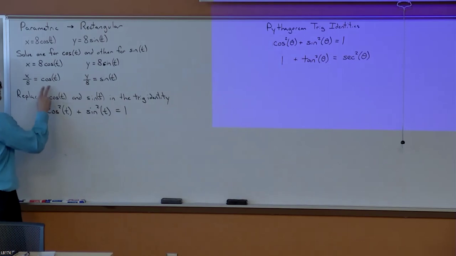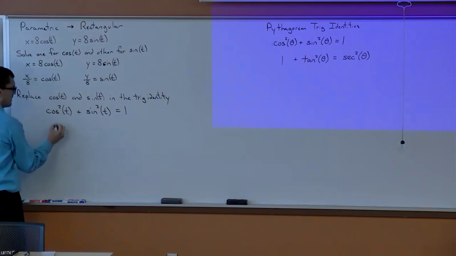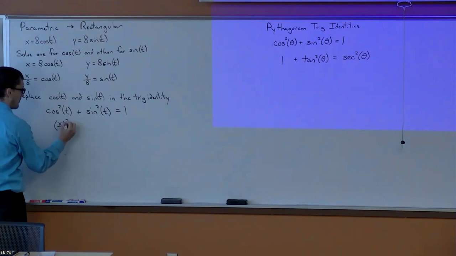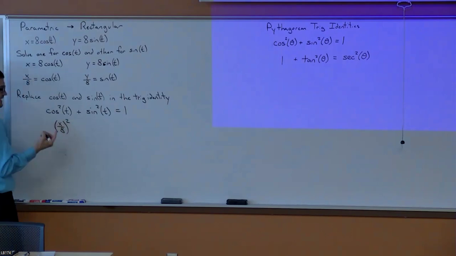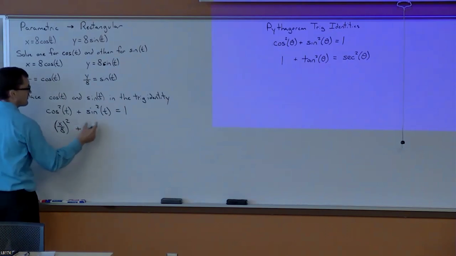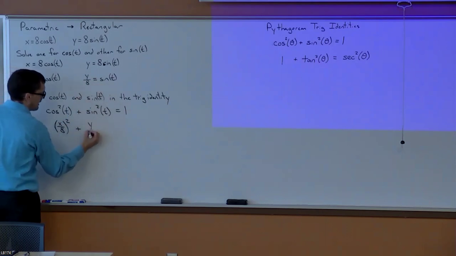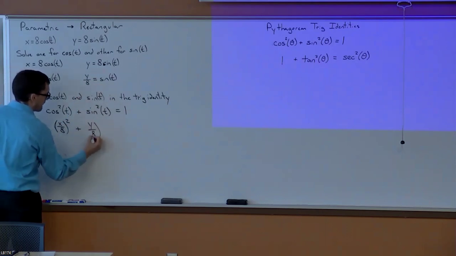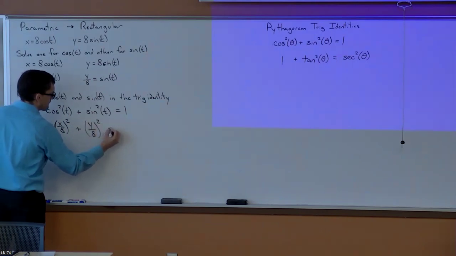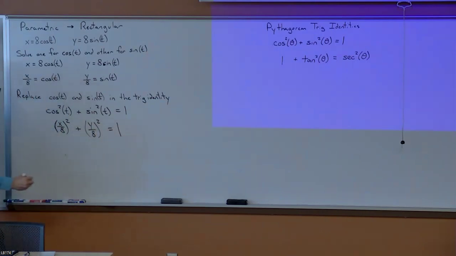So I replace cosine with x over 8. So I get x over 8 squared, plus, now I can replace the sine with y over 8, equals 1.